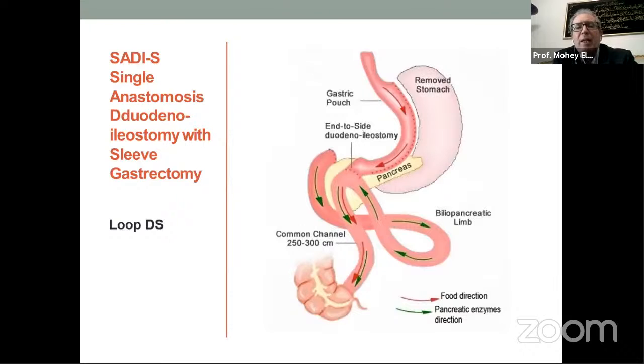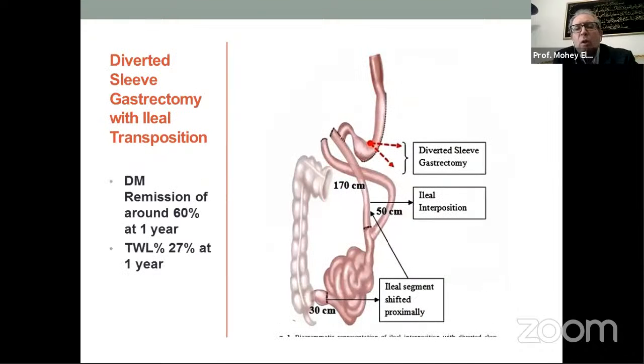Of course, we have the SADS, which is a loop duodeno-ileostomy, and with sleeve gastrectomy, it's a loop duodenal switch. And there is a trend to do loop procedures instead of the Roux-en-Y procedures.